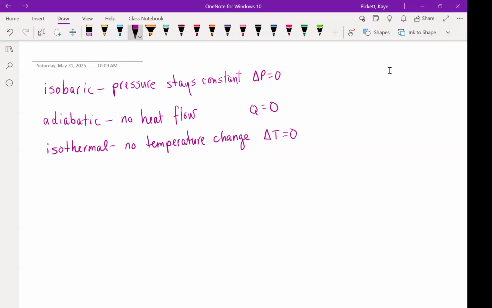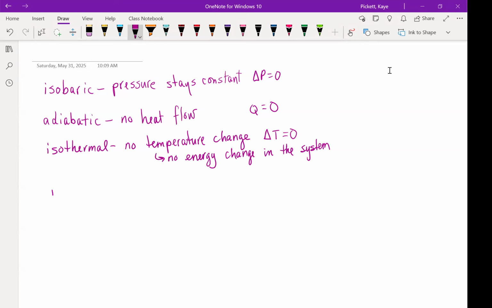And if delta T equals 0, that means that there is no energy change in the system. And we'll talk about the implications and what that looks like in terms of the equations.